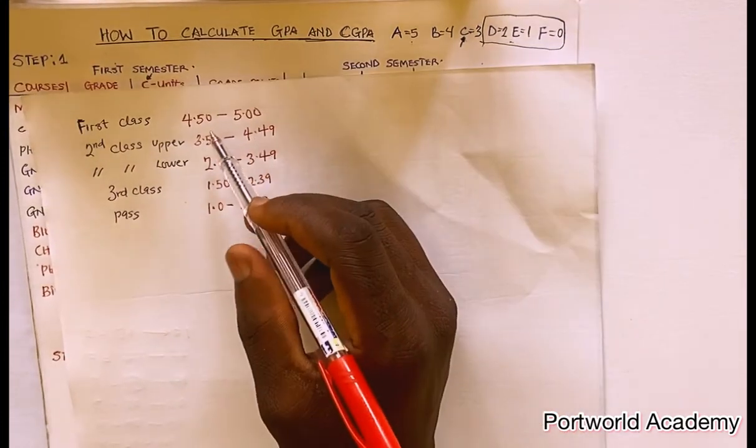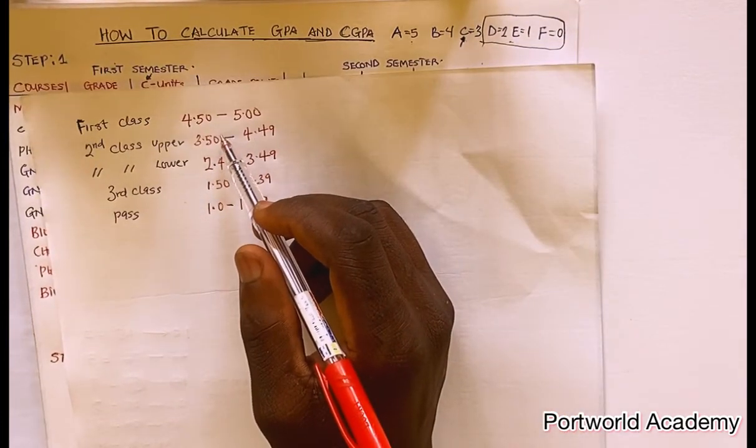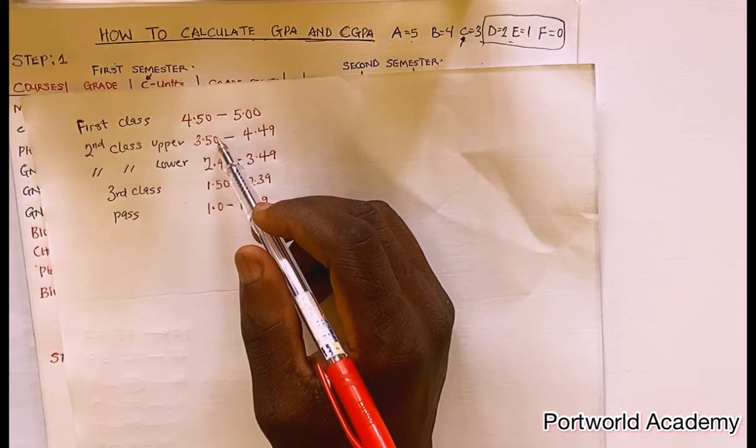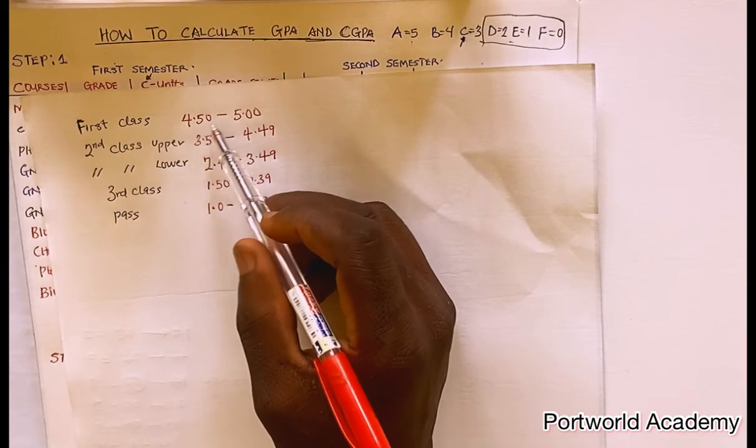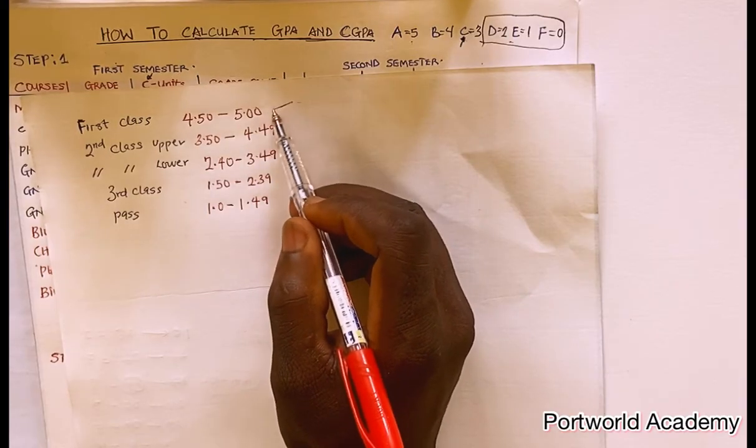Whenever your CGPA, when I'm talking about CGPA, I'm talking about the whole session, falls between 4.5 to 5.0, you are on first class. You actually made first class that session.